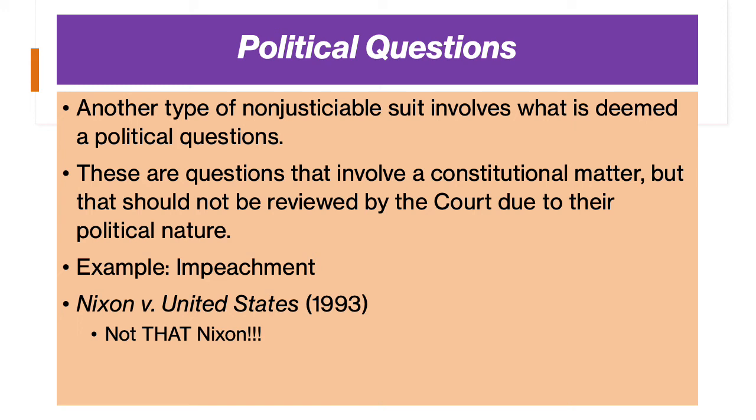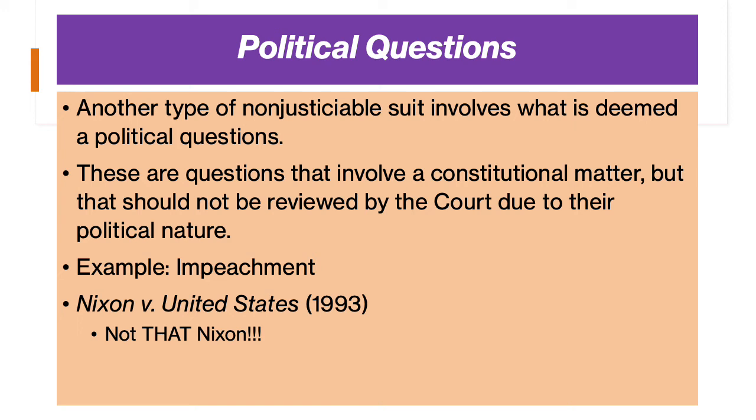It's about Walter Nixon. And Walter Nixon was a federal district judge. He was convicted of felony for making false statements to a grand jury, and then he was impeached. Oftentimes when we think about impeachment, we think about only the president being impeached. But all federal officers can be impeached, and judges are impeached if they engage in treason, bribery, or other high crimes and misdemeanors.